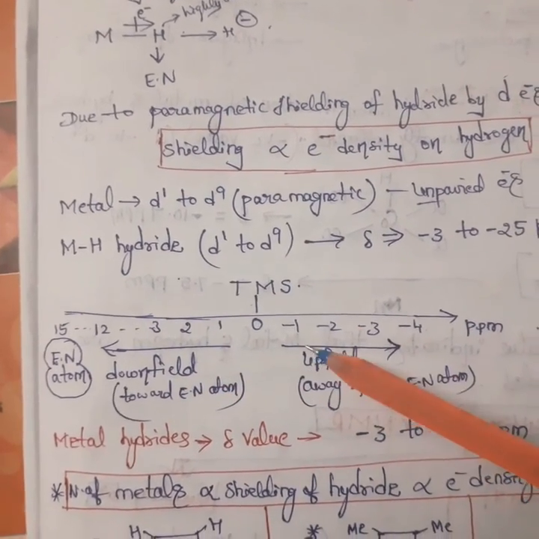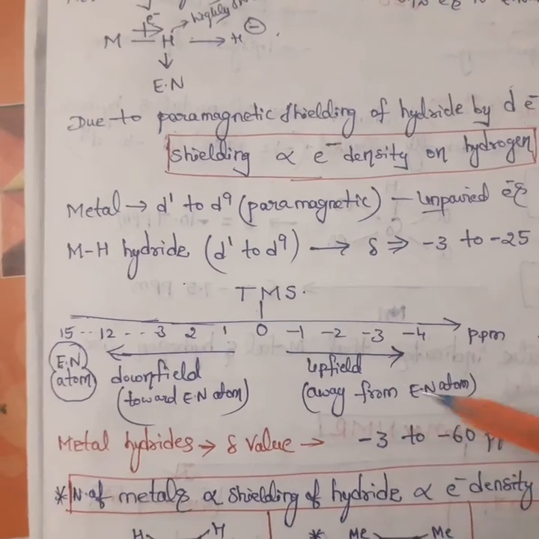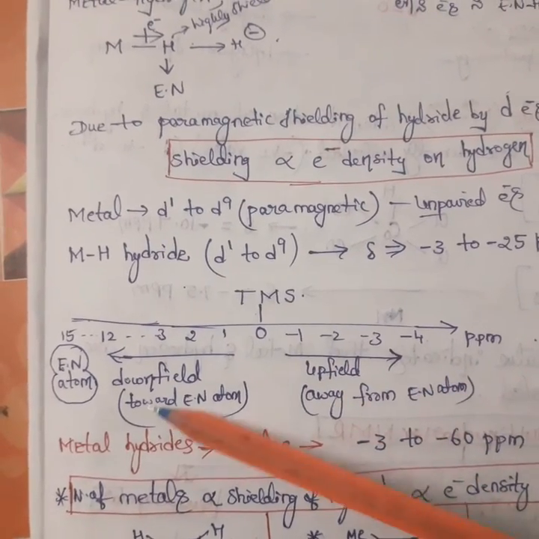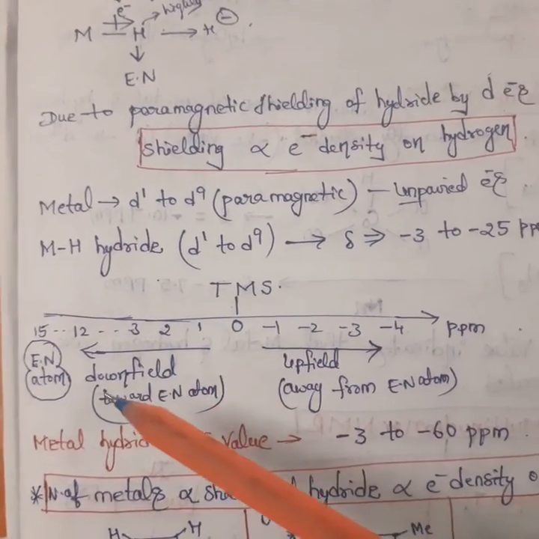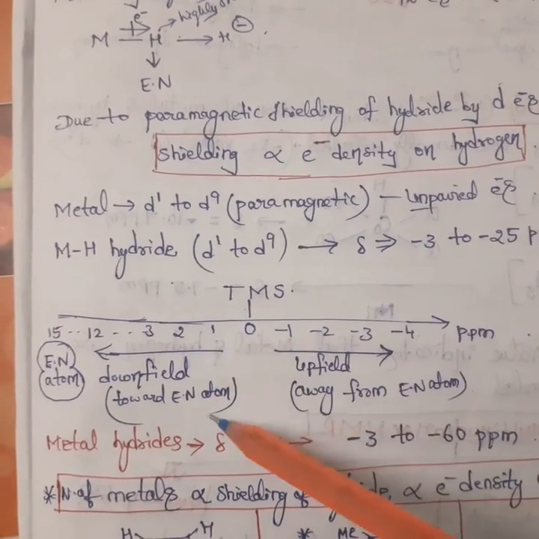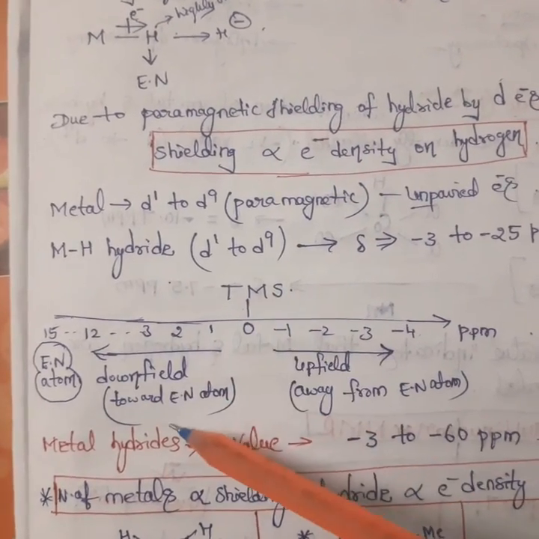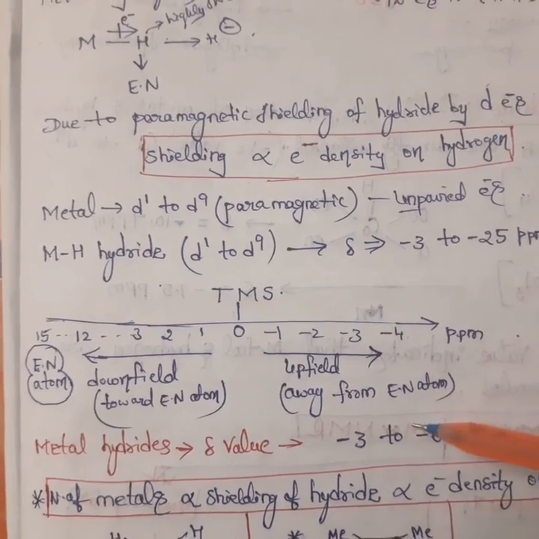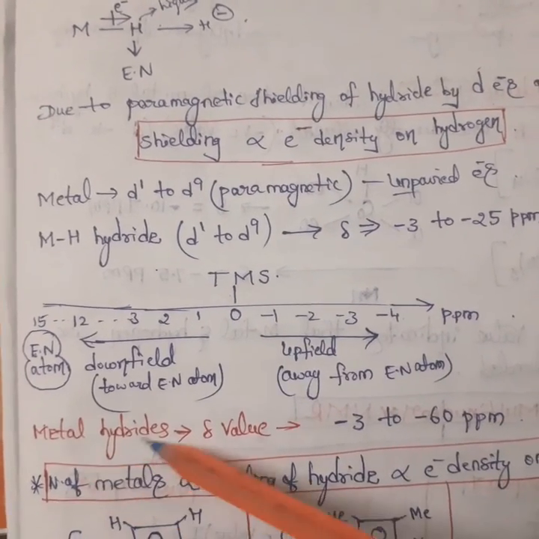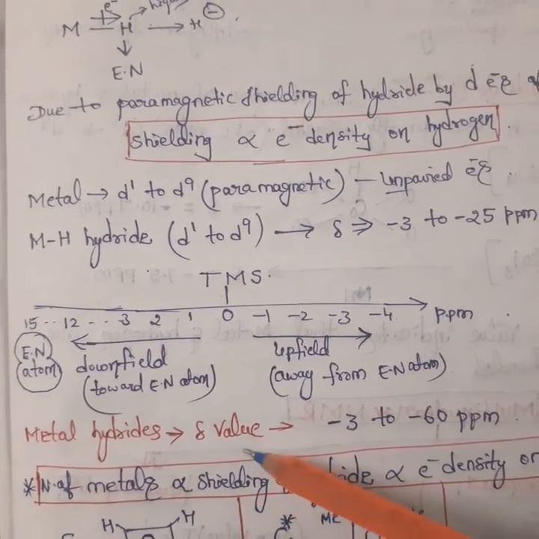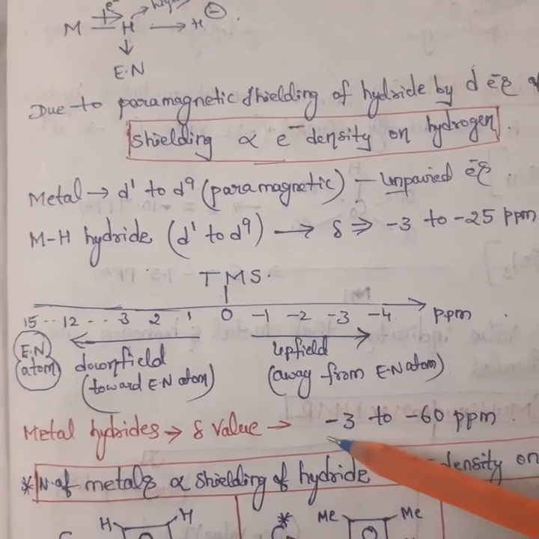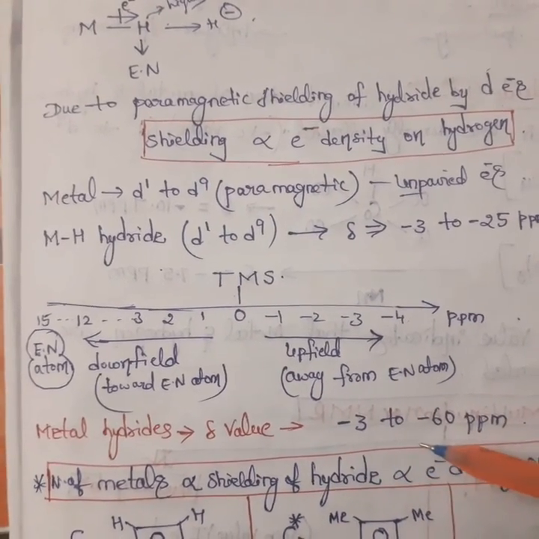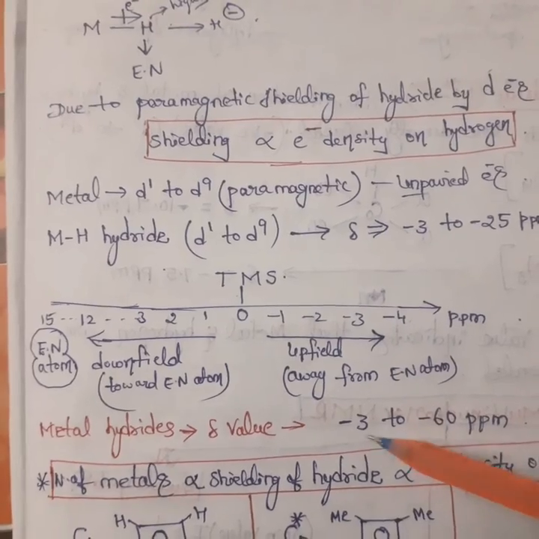Here it is away from the electronegative atom, that is upfield. We can also say downfield means de-shielding, upfield means shielding. For metal hydrides, the chemical shift value ranges from -3 to -60 parts per million. This thing we have to remember.